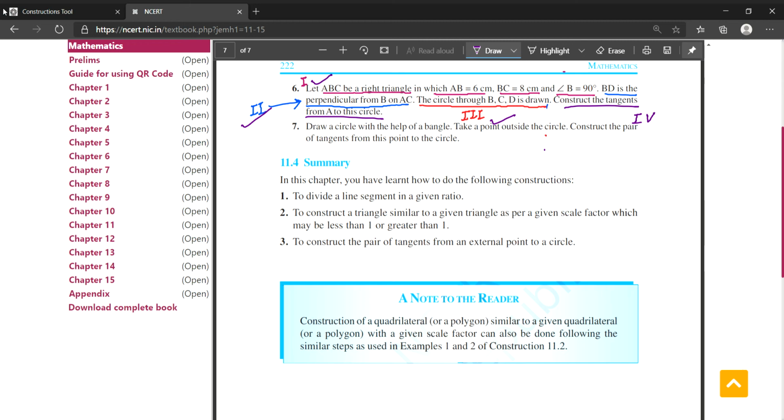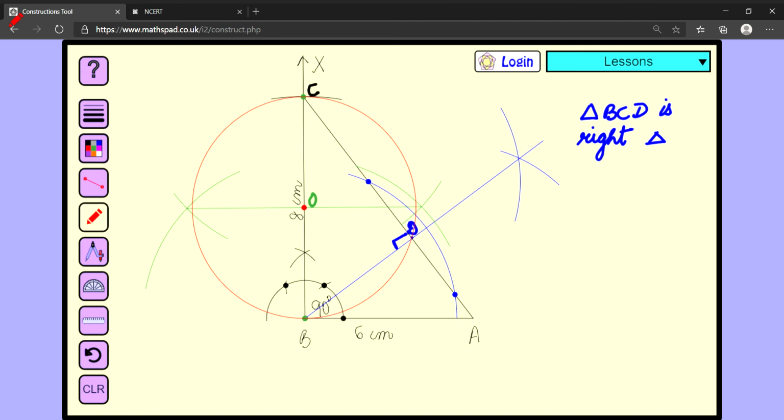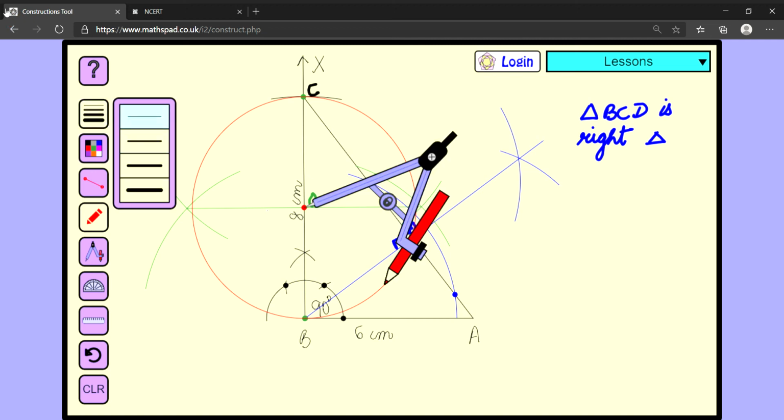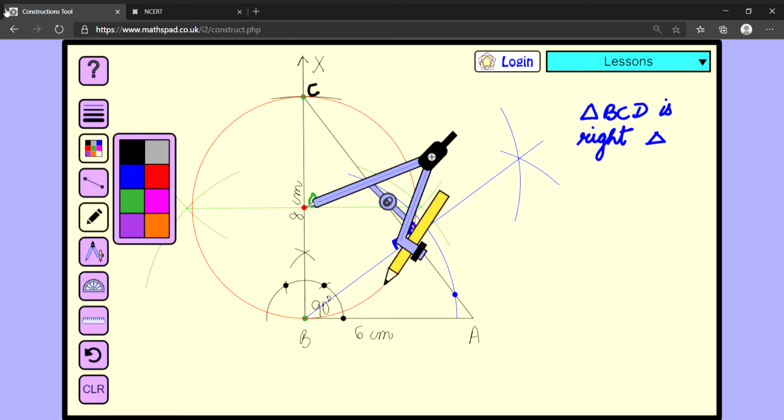Finally, we want to construct tangents to this circle from point A. So if we look at the construction, I would like to draw tangents from point A to this orange circle. And when I want to draw tangents to any circle from an external point, the first step is to join that external point to the center of the circle. So let's do that.